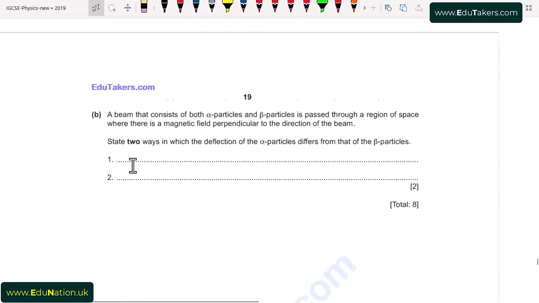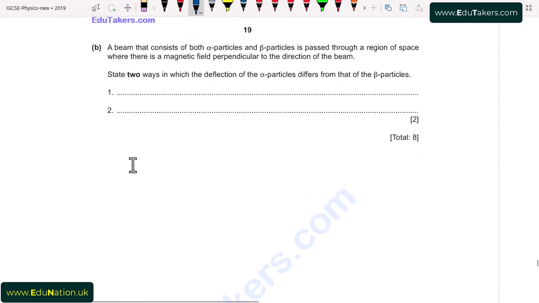Next part, B. A beam that consists of both alpha particles and beta particles is passed through a region of space where there is a magnetic field perpendicular to the direction of the beam. State two ways in which the deflection of alpha particles differs from the beta particles.